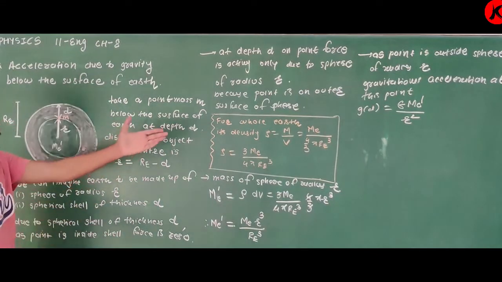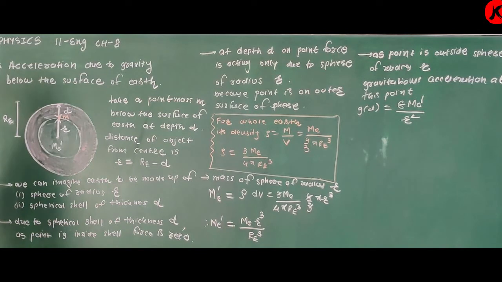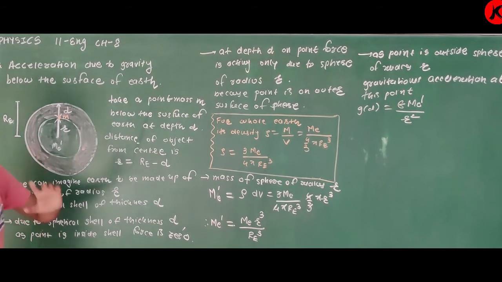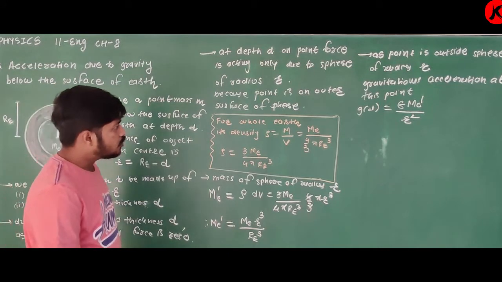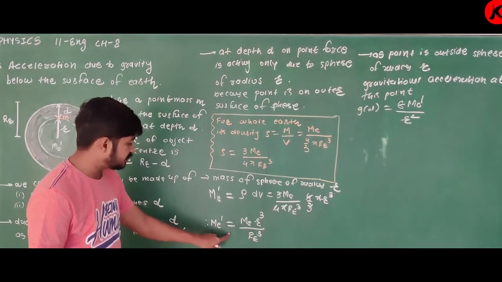Yes, it is the equation of gravitational acceleration. Why ME dash? Because at this point gravitational force is only due to this part. Now put the value of ME dash.